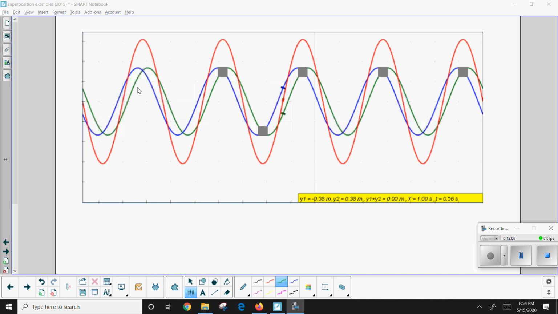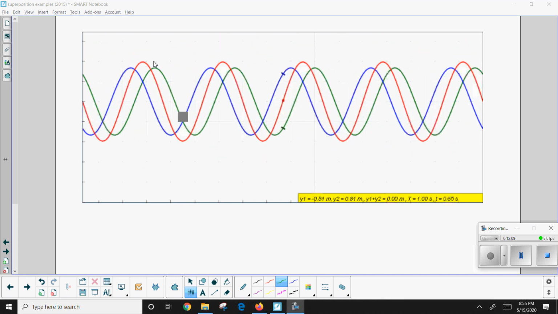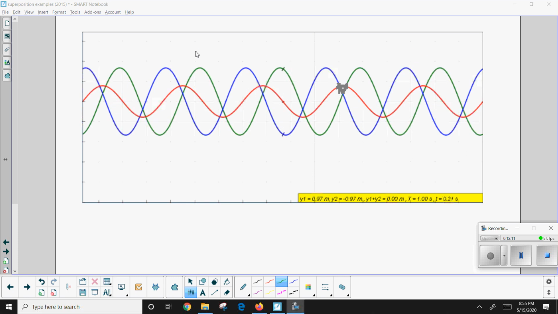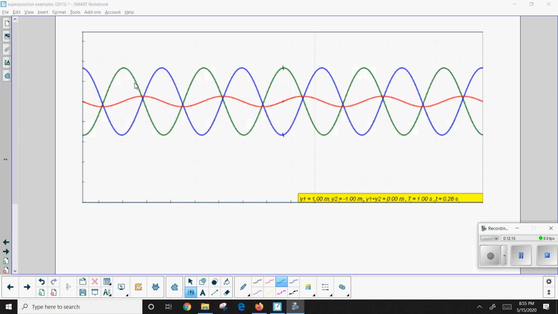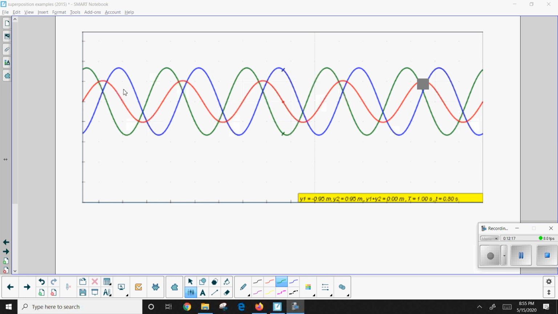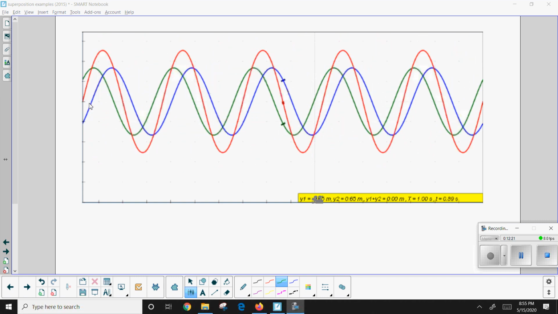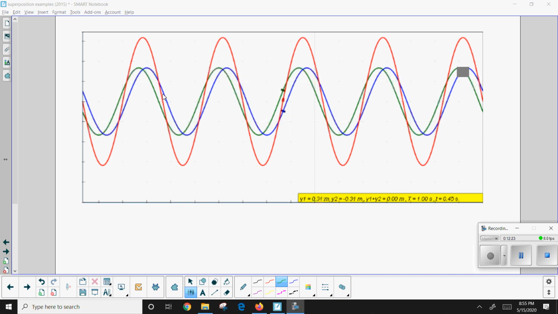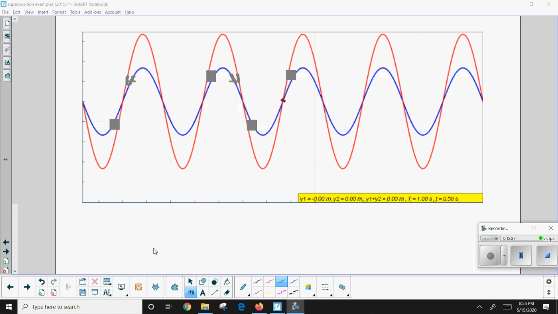And sometimes when the waves meet, both troughs come together, like right here, and you end up with a larger resultant wave. You have constructive interference. Sometimes you've got a crest and a trough, and you've got a node. And it looks like this. Look at the resultant wave, the red one. Doesn't it look like it's standing still? This is called a standing wave, and we'll be looking at this phenomenon later on.